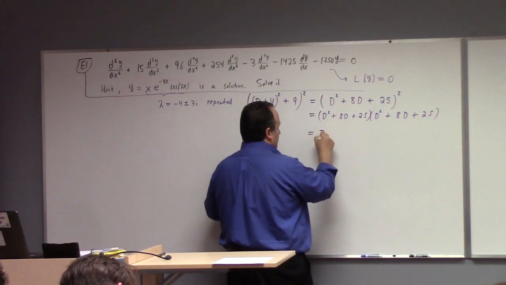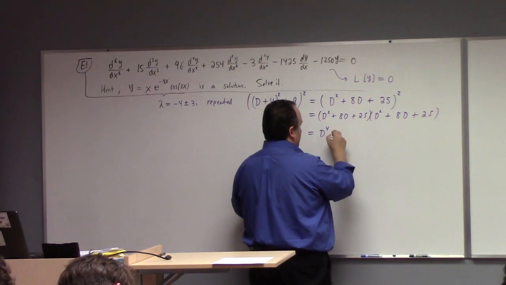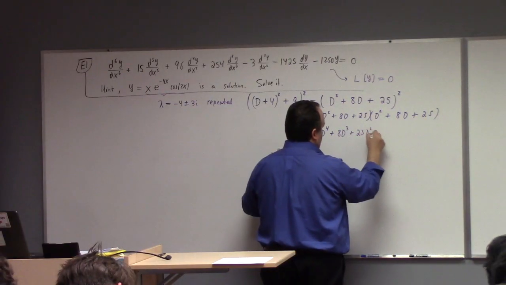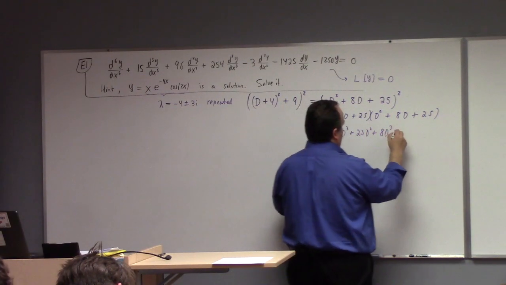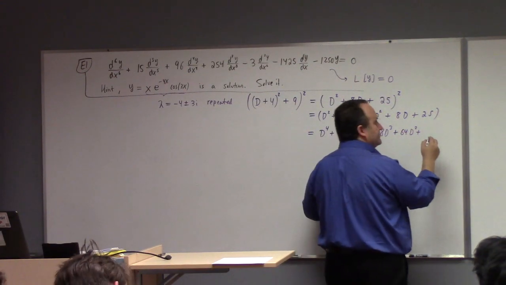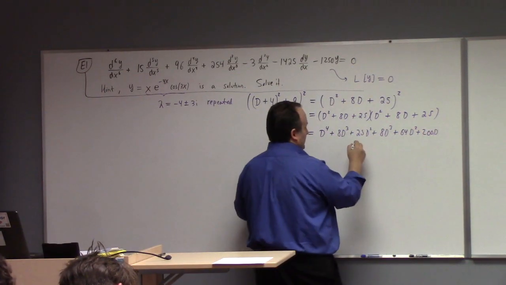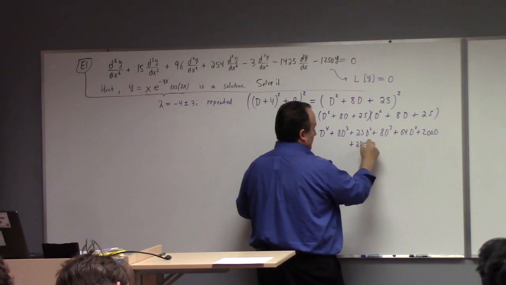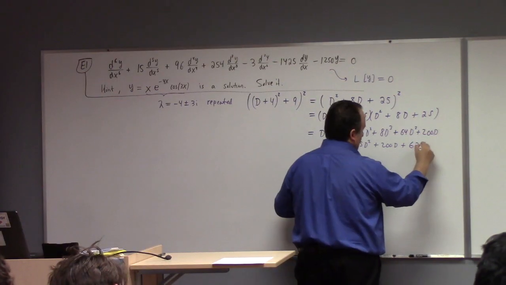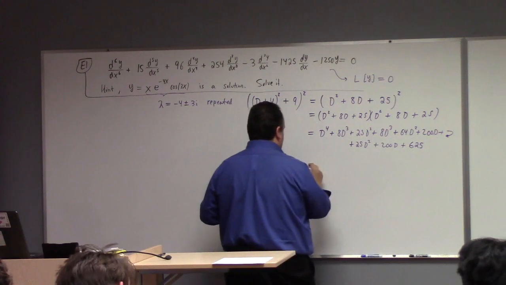So I've got d to the fourth. I'm just going to do it and then collect things. So I got d to the fourth plus 8d cubed plus 25d squared plus 8d cubed plus 64d squared plus, thank you, 200d plus 25d squared plus 200d plus 625. All right. But of course we can collect some things together.